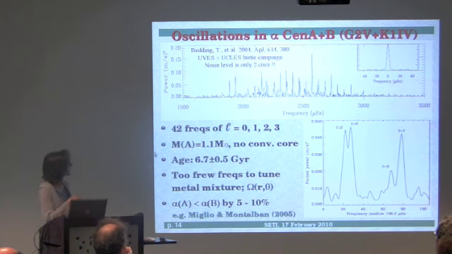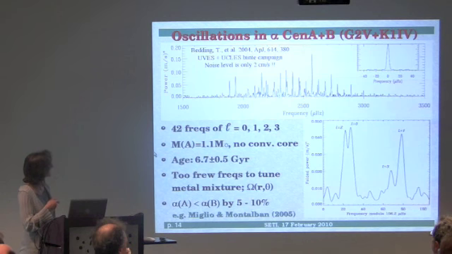A copy of the sun, Alpha Cen, which is a binary with a K companion, long term. This is spectroscopy, and here you see the frequency spectrum in a power diagram obtained by a multi-site campaign. So here they have tried to avoid the daily rhythm in the data by continuous observations.